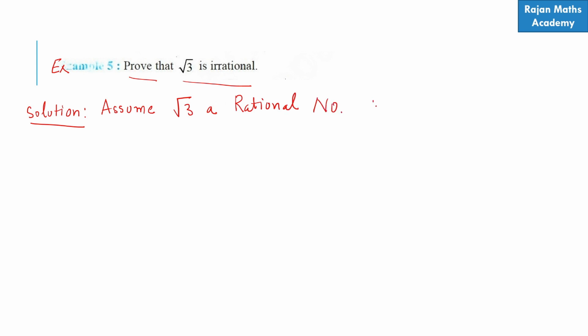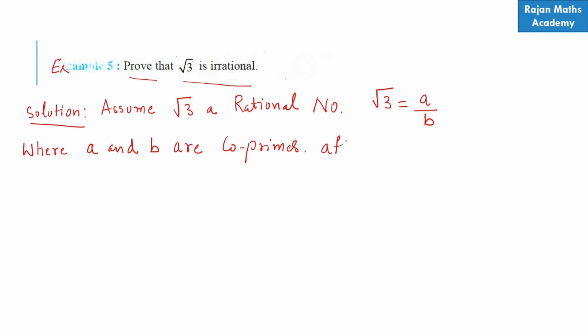So we can express root 3 as a ratio of a by b, where a and b are co-prime after dividing by common factor.